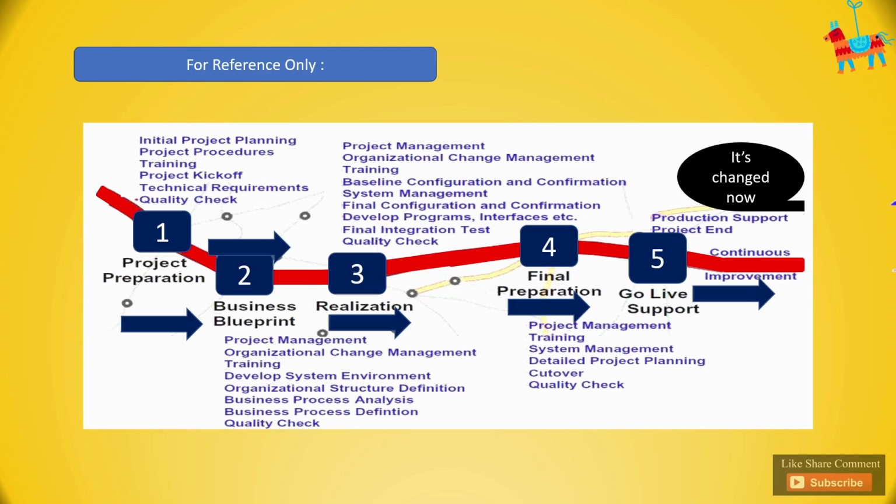For the final preparation, again, the detailed project planning, that means the baseline configuration which we have done in phase 3 can be completed in phase 4. We will be having 2 cutovers here.